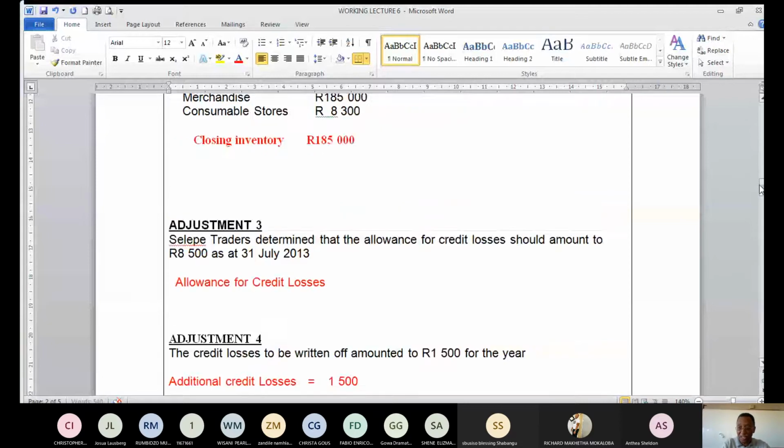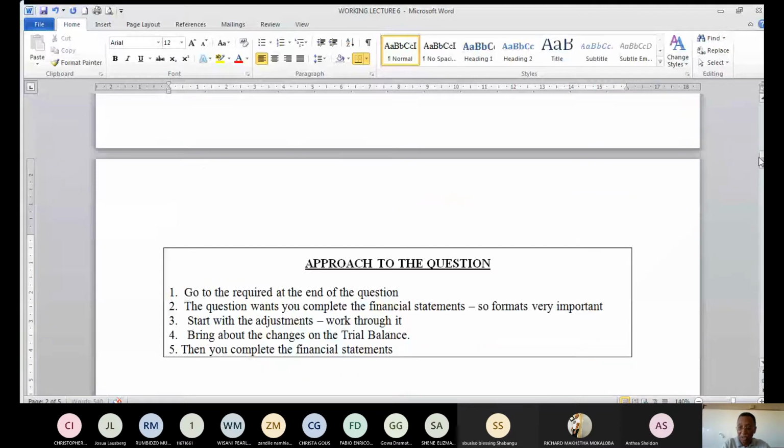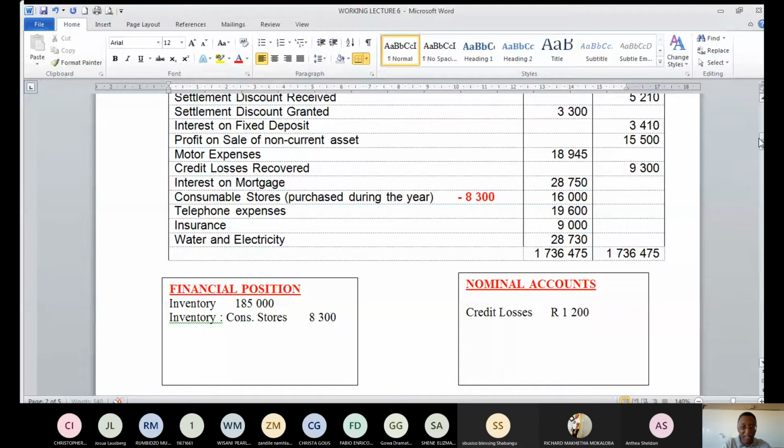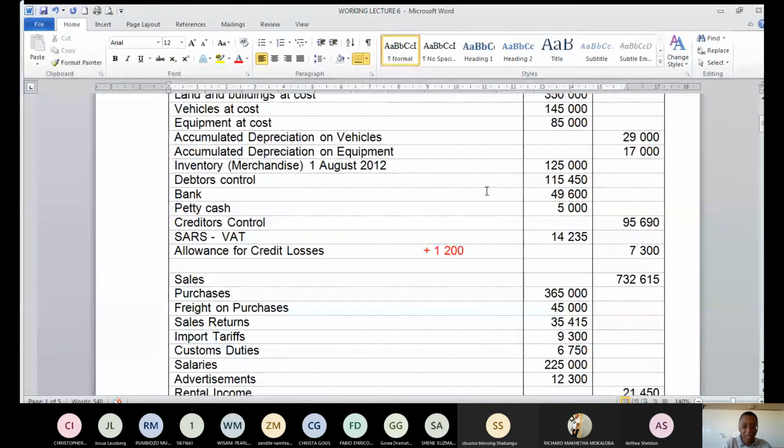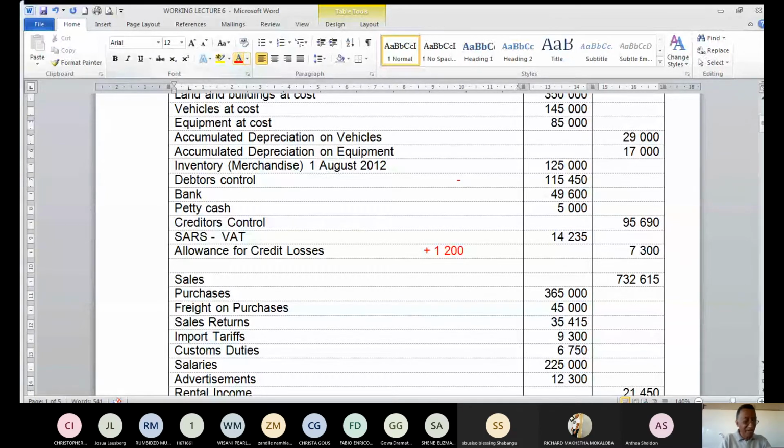To account for this, we are going to adjust our trial balance, and your trade receivables will have to decrease. We will have to decrease our trade receivables with the amount of 1,500 Rand because we are writing off 1,500 Rand from our trade receivables.